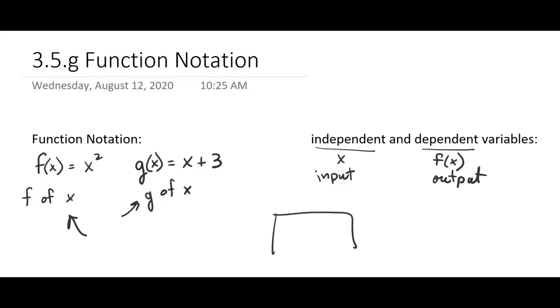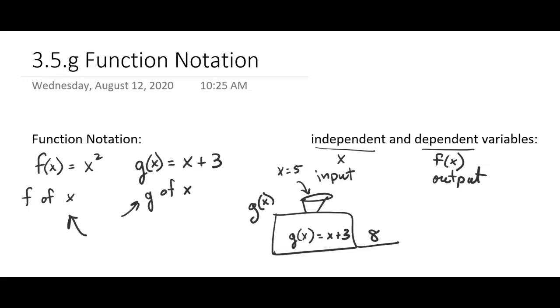Sometimes a lot of textbooks will do this. They'll have like a little machine here. So let's say your function is that g function. Let's say you have g of x. I'll write it inside, g of x equals x plus 3. So then it's like a little machine, and we're going to be putting in x values. So maybe we're going to say x equals 5. And then we put the 5 in the machine, and in this case, we get an output of 8, right?